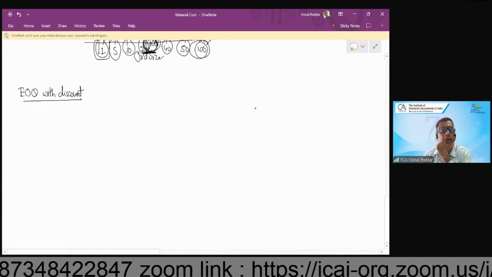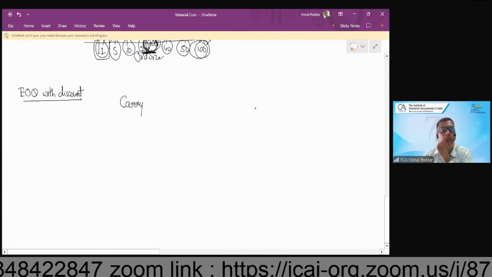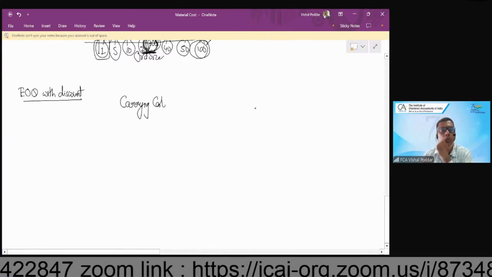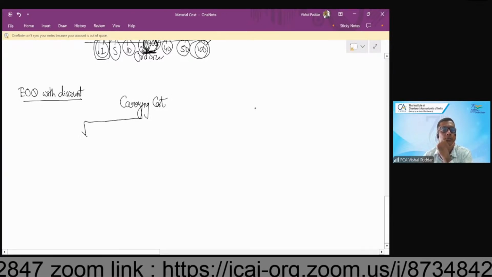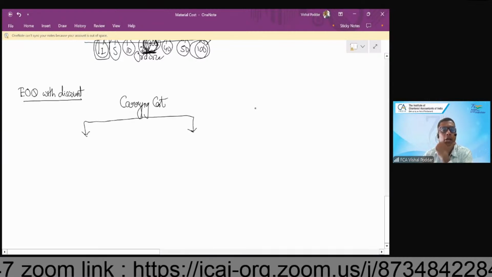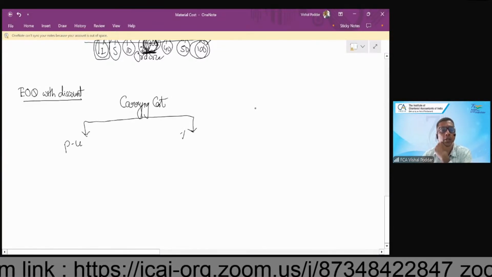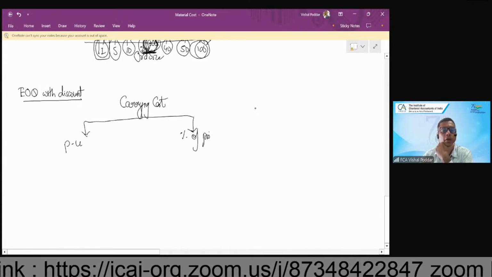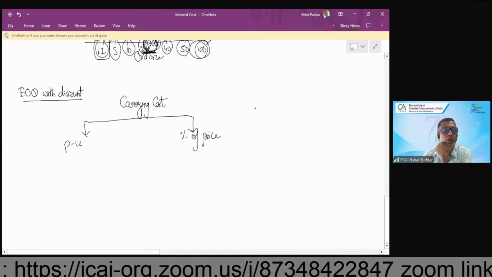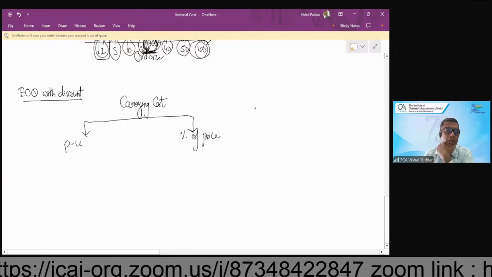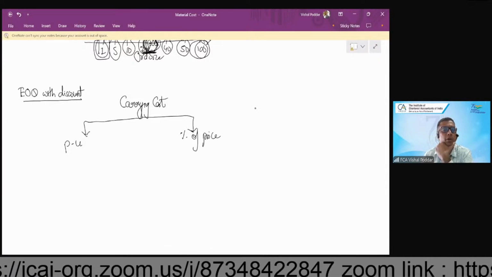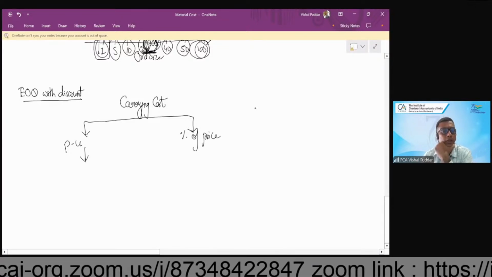Now what you have to check is how carrying cost is given in the sum. Is carrying cost directly given per unit, as we saw in one of the sums, or is it given as a percentage of price? If the carrying cost given in the sum is per unit, please understand one thing.